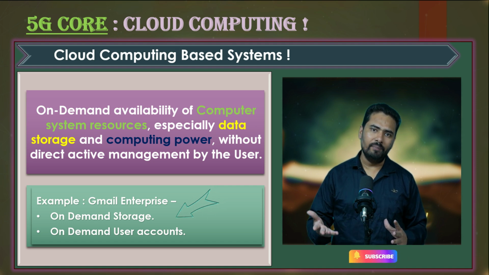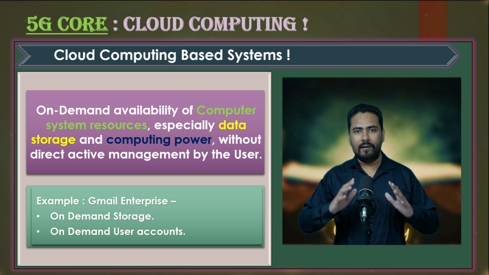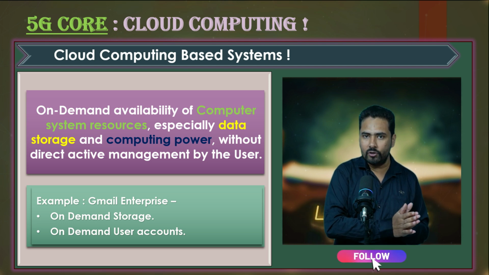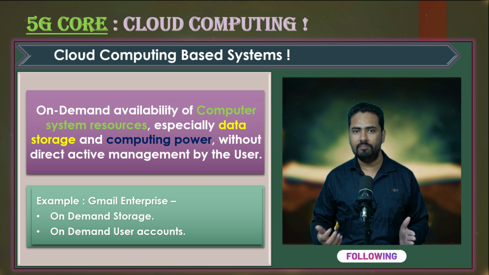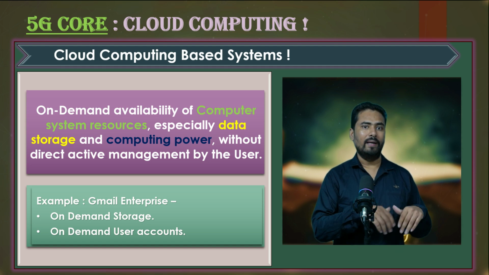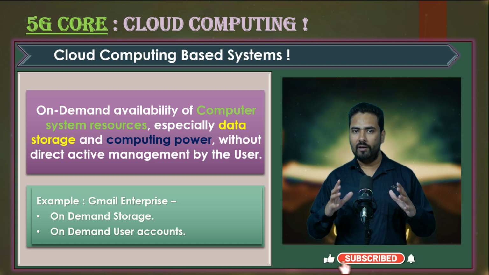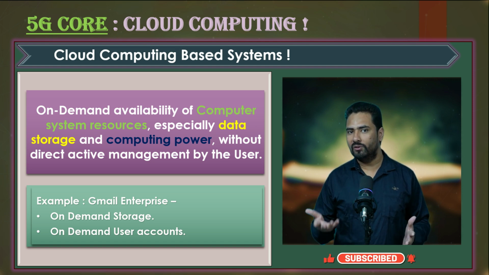This way, that company gets access to the computing resources as per their requirements, and they do not need to worry about underutilization and overcapacity problems. For example, if your email inbox is full, then you can easily purchase more storage space with just a few clicks, or you can even automate that with cloud services.